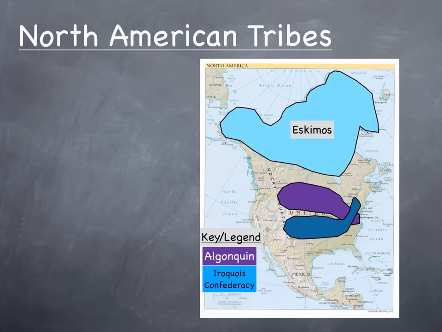It doesn't occur till 1607. And the French colonization in northern North America in the Quebec area doesn't occur till 1608. So you can see there's a large, about 100 years span of time before the French and the English actually start to get involved in colonization.